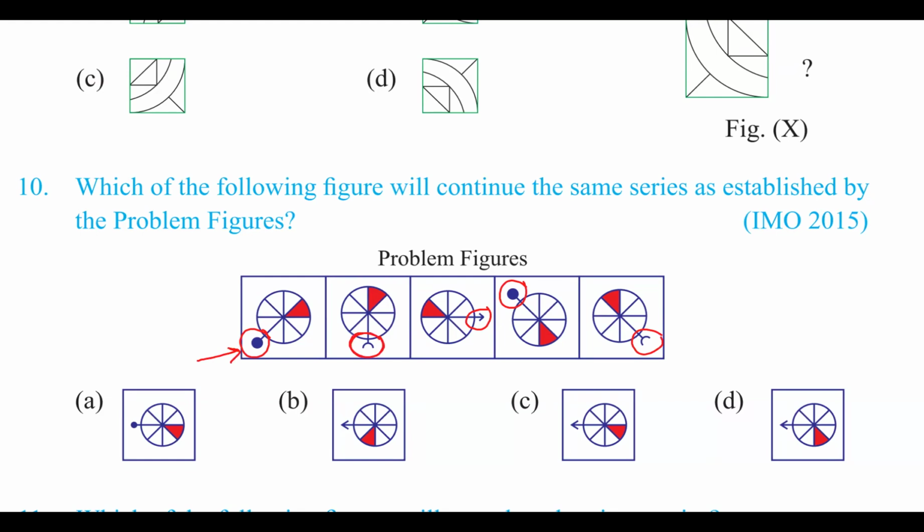Yes, that's correct. It is in the shape of a lollipop. Then in the second one, this is a semicircle, not a complete circle, but half a circle. And then in the third, the symbol is an arrow. Again, in the fourth figure, there is again a circle, then again a semicircle. So we are clear which should be the next symbol that we have to use.